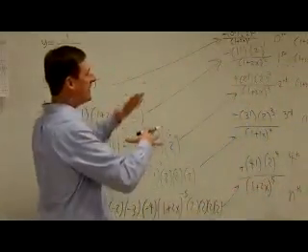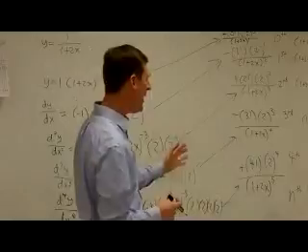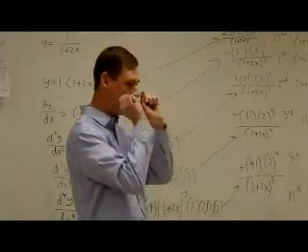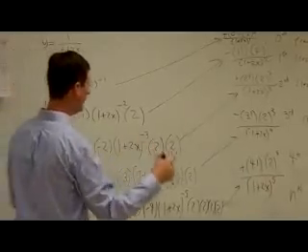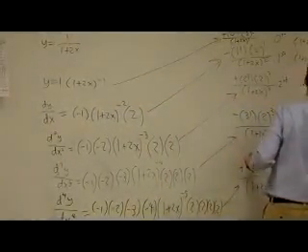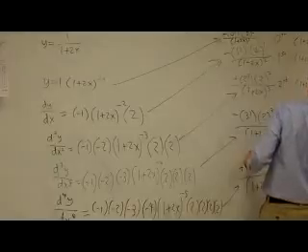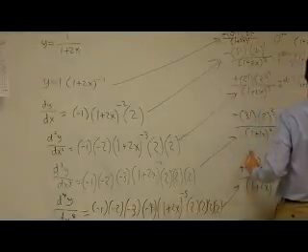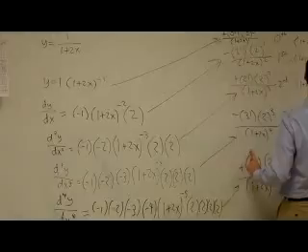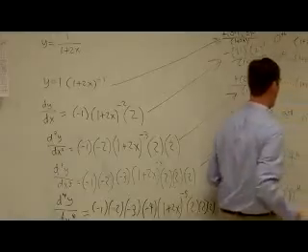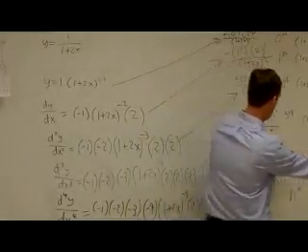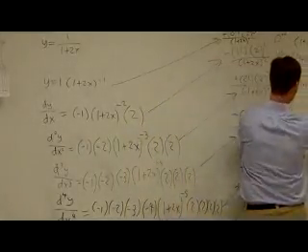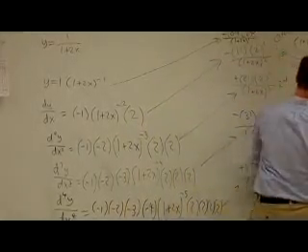And you wouldn't actually have to make an entire table like this to do it on the test, but as long as you do 4 derivatives, you can see the pattern. Okay? All right, now, factorial. We got 4 factorial in this step. We got 3 factorial in this step. 2 factorial here, 1 factorial, and 0 factorial. Therefore, on the nth step, you will get what? N factorial. It's the same as n.